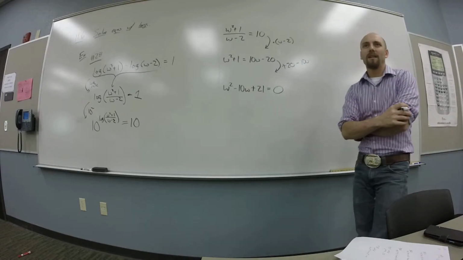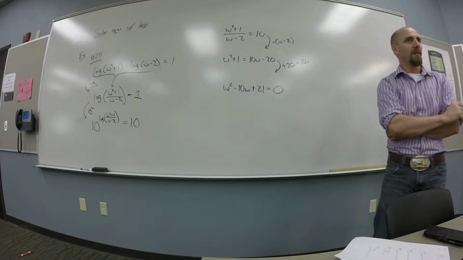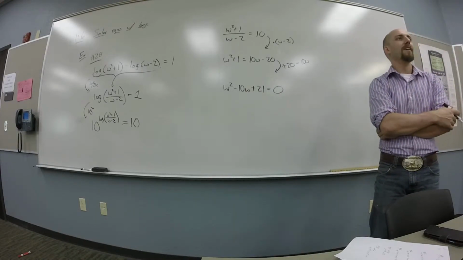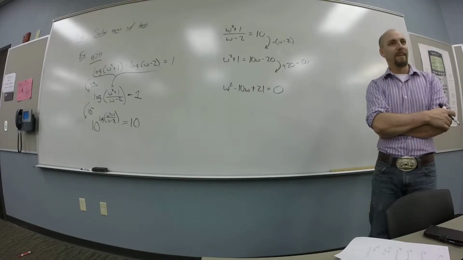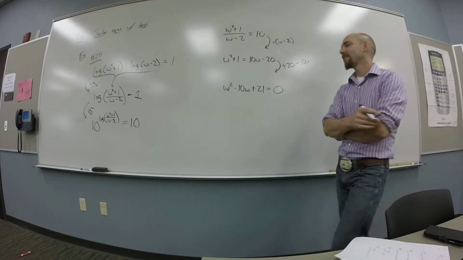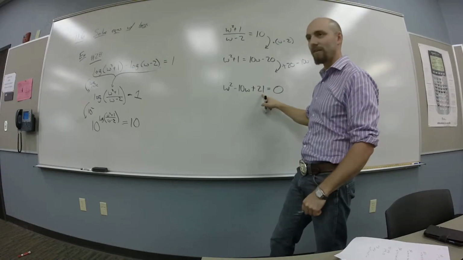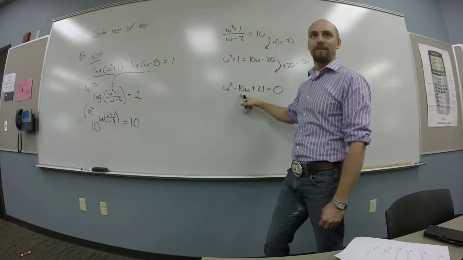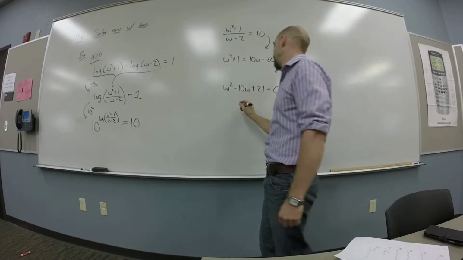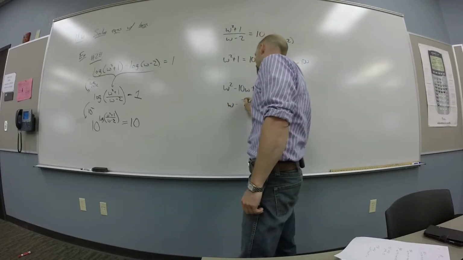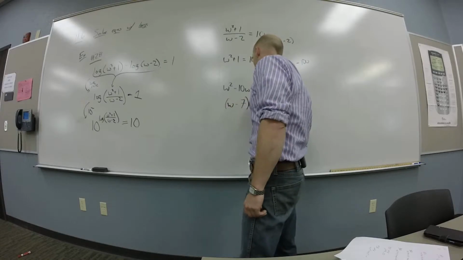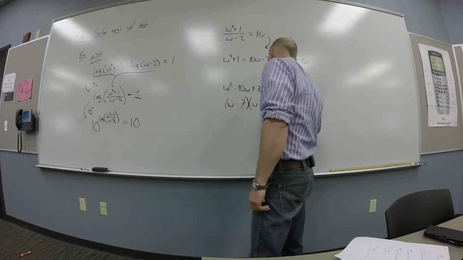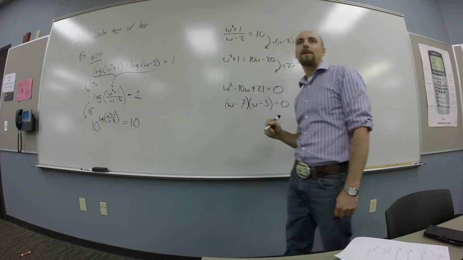Now what? 7 times 3, there you go. Yeah, so I can factor this thing, right? I think to myself, okay, 21 is 7 times 3. Negative 7 and negative 3 make negative 10. So this factors into w minus 7 and w minus 3 is 0.